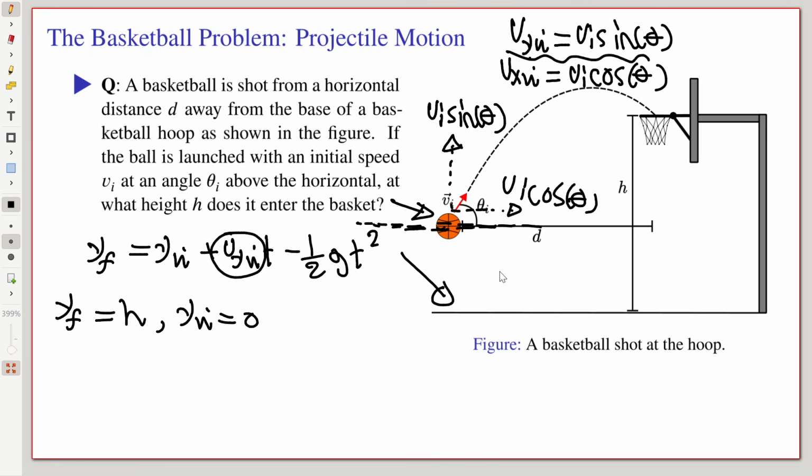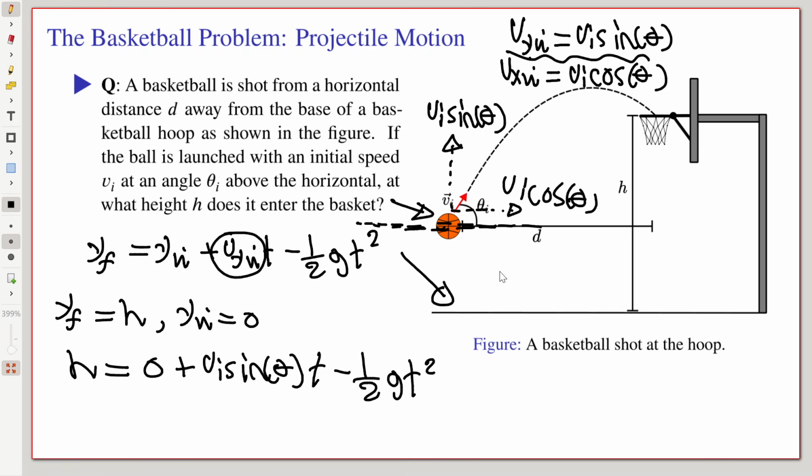Thus, we can now substitute all of these three into the equation. See what we get. Height is equal to 0 plus vi sine theta times t minus 1 over 2 g t squared.